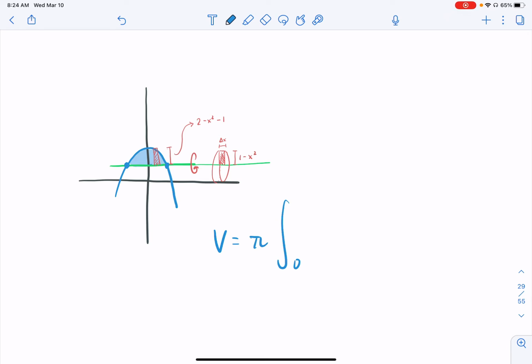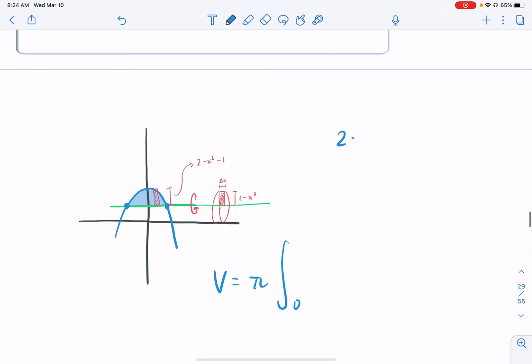So where is 2 minus x squared equal to 1? Let's subtract: 1 is equal to x squared. x is equal to plus or minus 1. Well, I guessed it right, as if I'm just pretending I didn't know what I was doing. Yeah, from there to there.